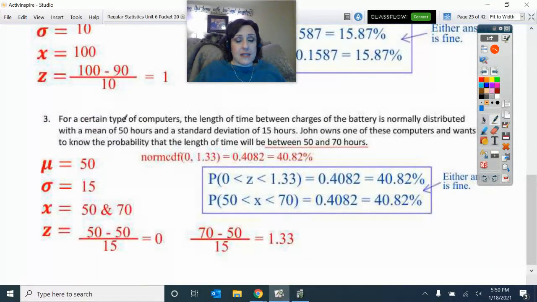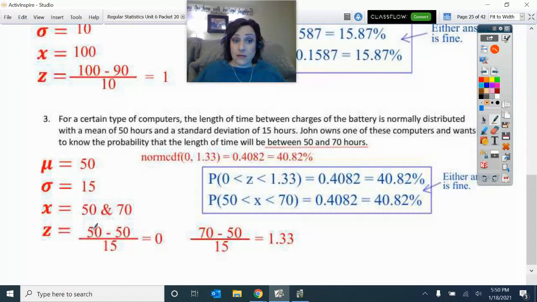Next, this is about our computers and the length of time between the charges of the batteries. We know that has a mean of 50 and a standard deviation of 15, and we're going between two amounts of hours. And so that means we had two x values, so you have to solve for two z-scores.